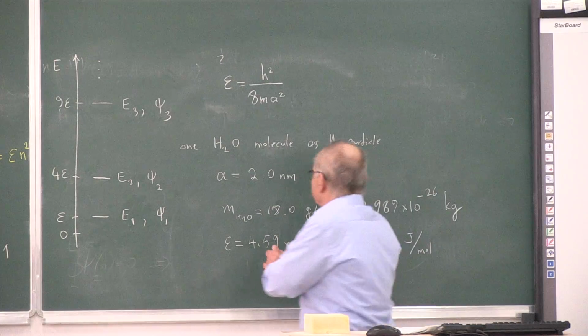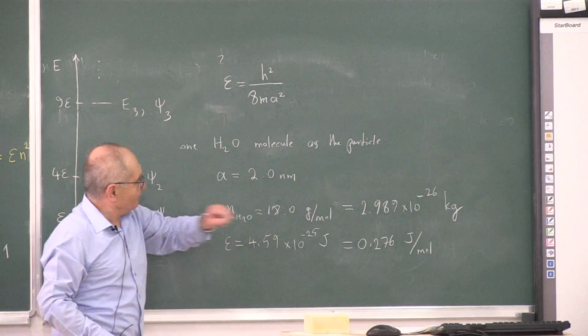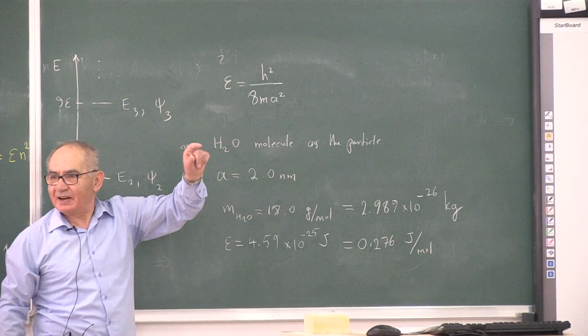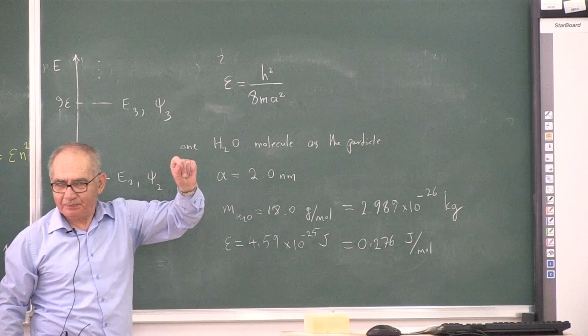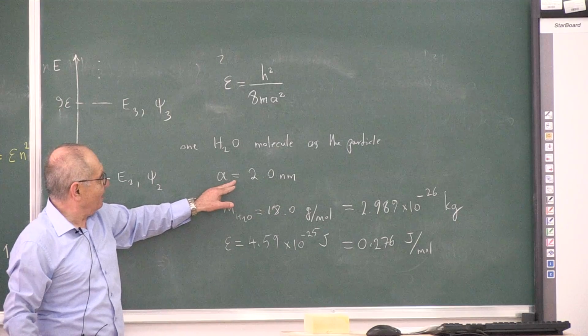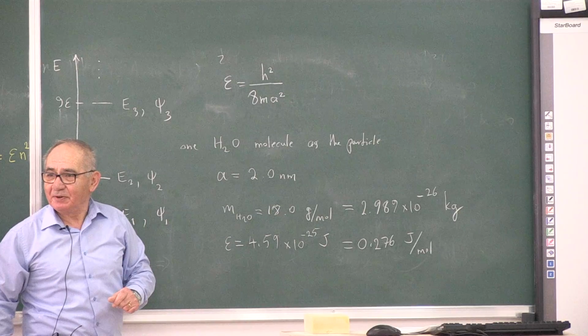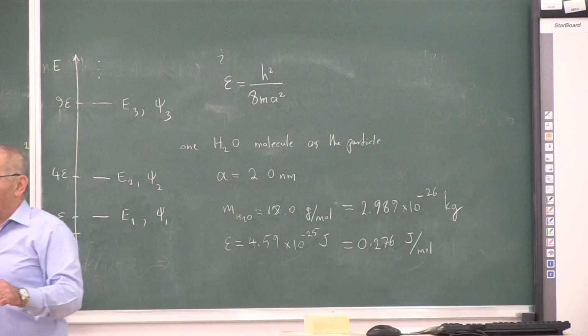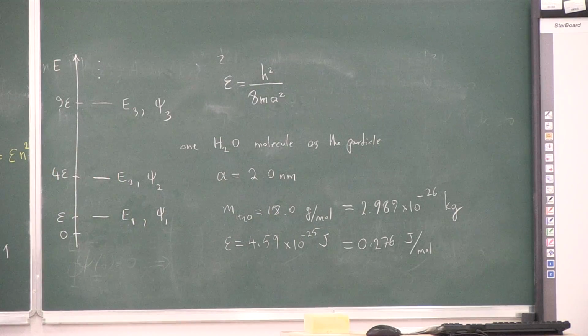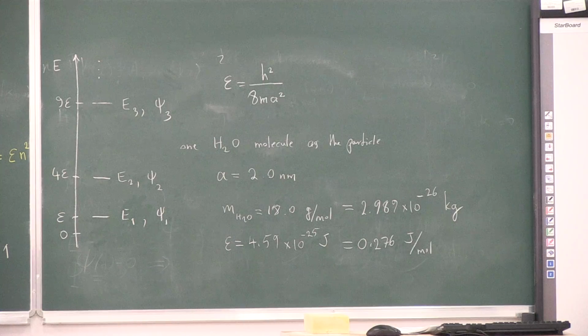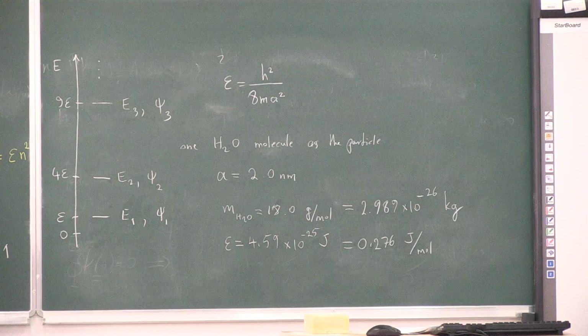Now, looking at that, 2 nanometer means 2 times 10 to the minus 9 meters, isn't it? If instead of a nanometer, this were centimeter, what would happen? Centimeter is 10 to the minus 2 meters. Nanometer is 10 to the minus 9. The factor is 10 to the minus 7.